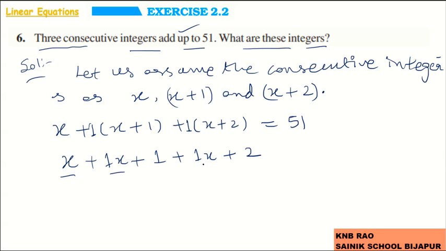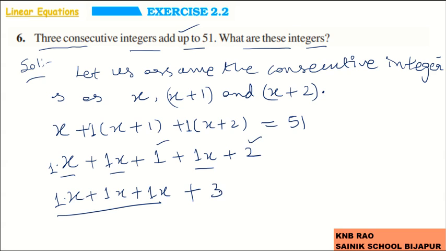x plus 1x plus 1x, they are all like terms. Here there is nothing, so 1 will be there. So 1x plus 1x plus 1x, they are all like terms. Plus 1 plus 2 is 3, which is a like term of 1 and 2 added up. This is the left hand side.